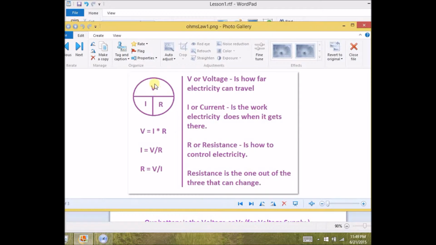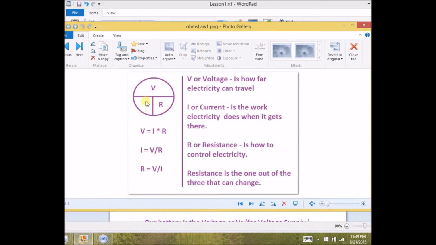This is a pretty handy little diagram, because it shows that if we don't have the value for our resistor, but we do have the value for our voltage and our current, then those two divided will equal the ideal resistance that you need.